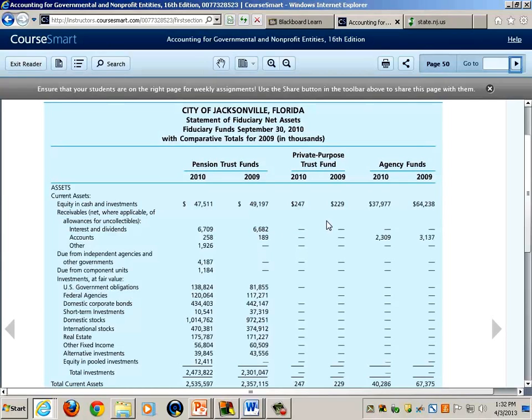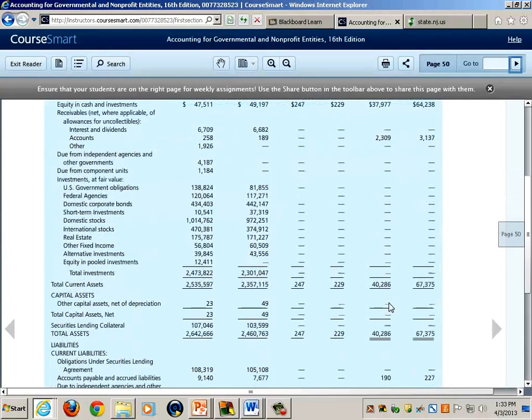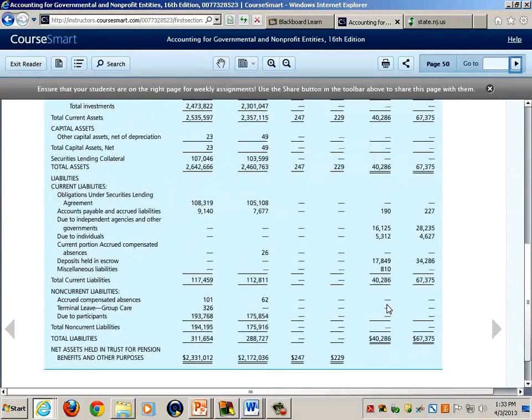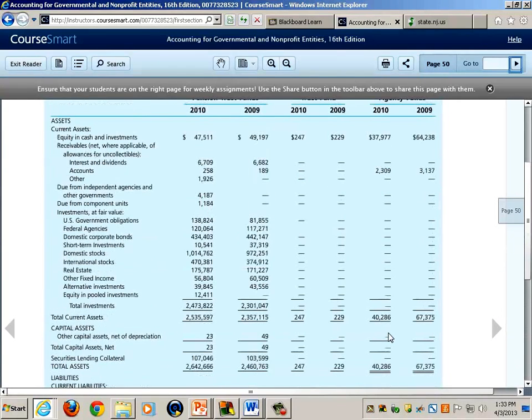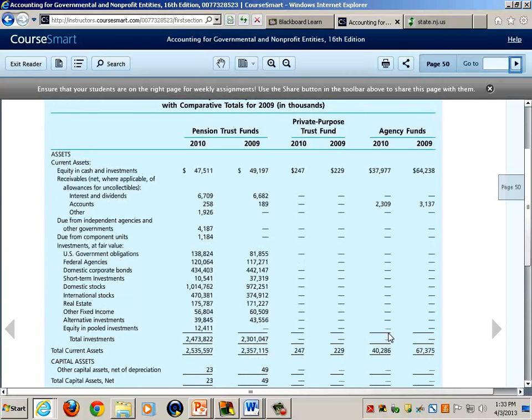Now, notice the agency fund. Everybody see, this is the easy one. Go down. Any net assets in the agency funds? No. Assets equal liabilities, right? The other thing you notice, and I don't know if you can see this clearly, on the left-hand side, you see any capital assets, real large capital assets?